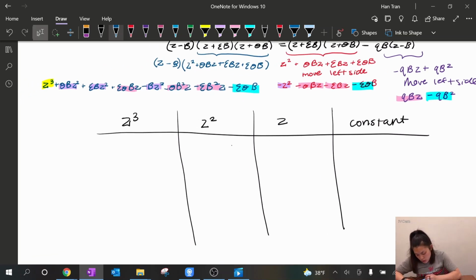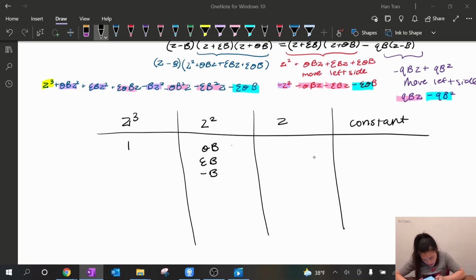So now we are going to go in and write them all down. So for this one, we just have 1 for the compressibility factor z cubed. For the compressibility factor z squared, we have sigma beta, epsilon beta, negative beta, and negative 1.